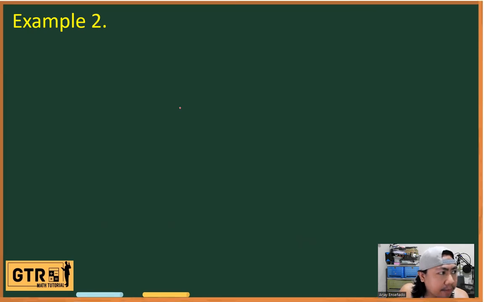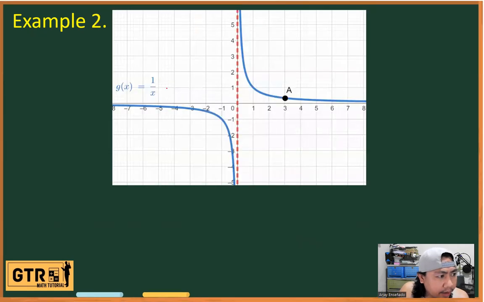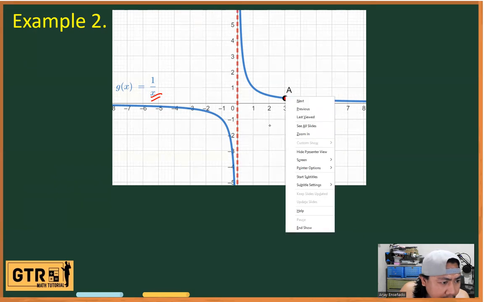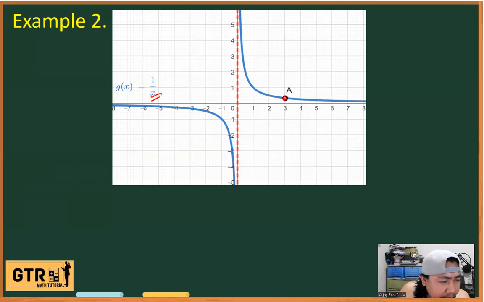Okay? So another example, number 2. We have the graph of y equals 1 over x. So this is the graph. As you can see, if x is 3, if we substitute x equals 3 in our function g of x, we have g of 3 is equal to 1 over 3.